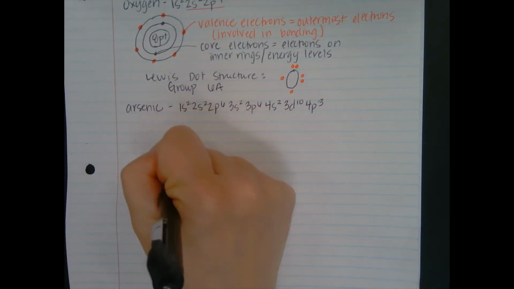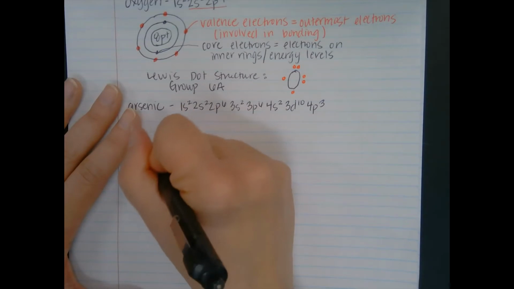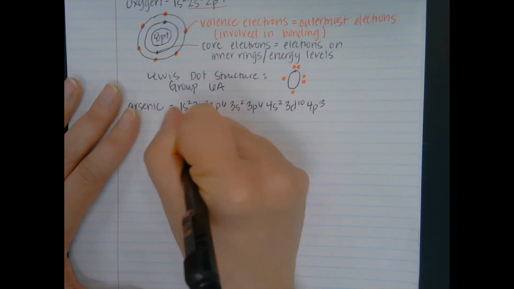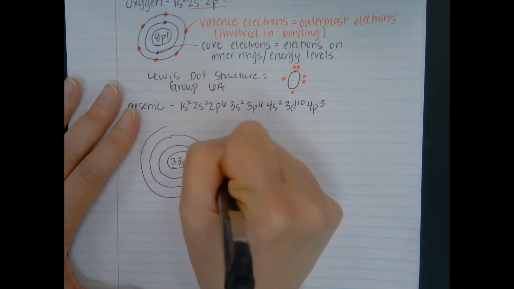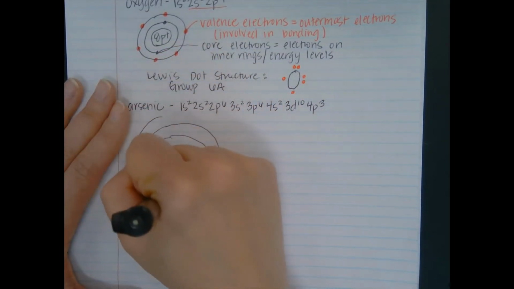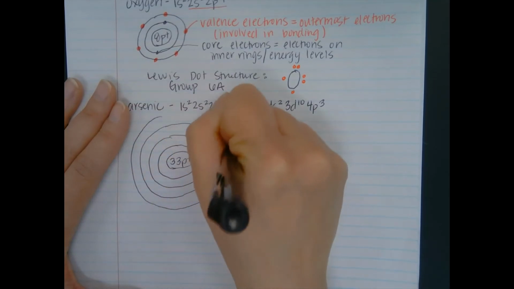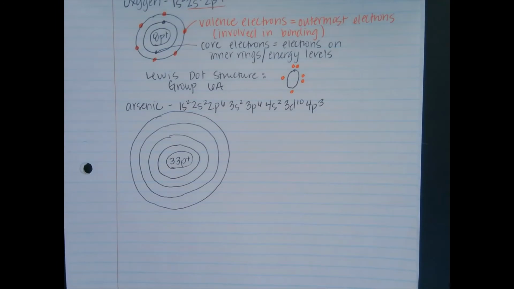So here we go. 1, and my circles are not great. 1, 2, 3, 4. Okay.